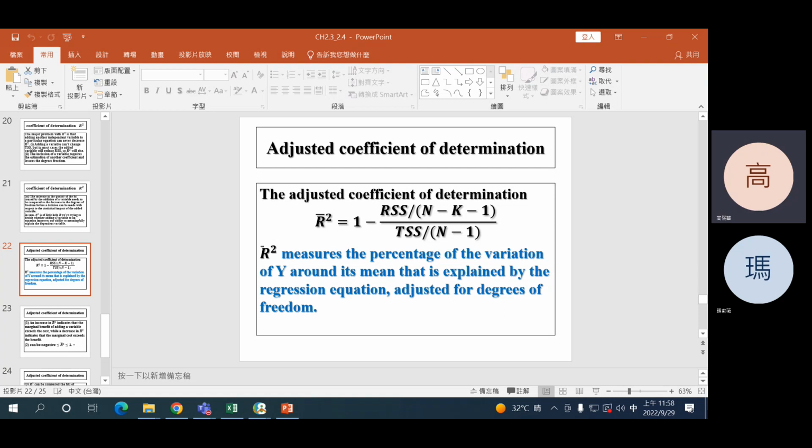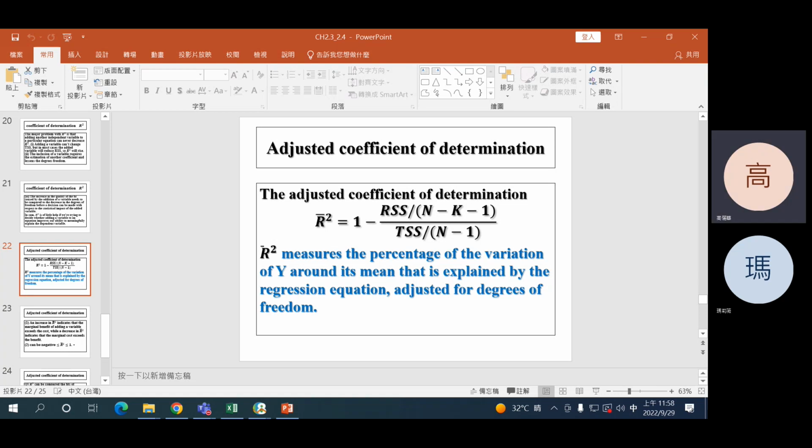So in other words, if I rewrite this, it will be 1 minus RSS over TSS, and I turn the fraction upside down, so it turns out to be n minus 1 over n minus k minus 1.